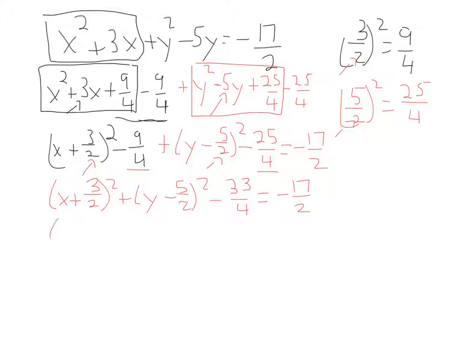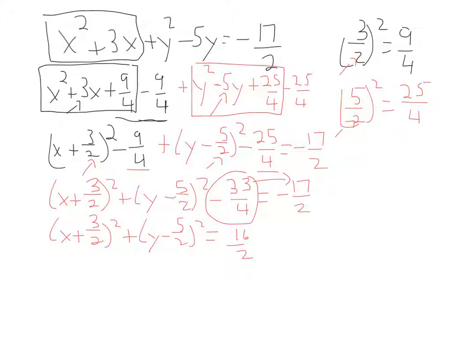One more step would be to write this with these parts on the left-hand side. And if I take this term over to the other side, it's going to get added to that negative 17 over 2. That's going to give me positive 16 over 2.